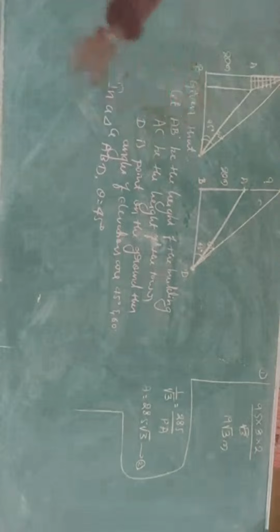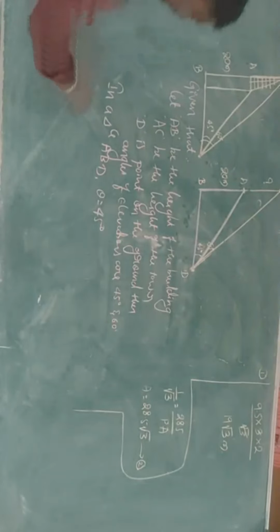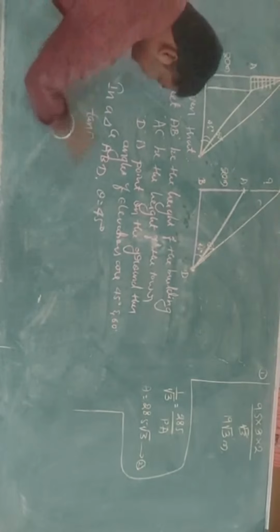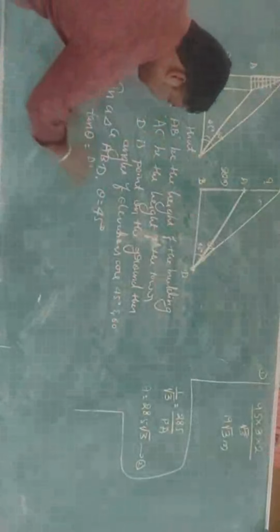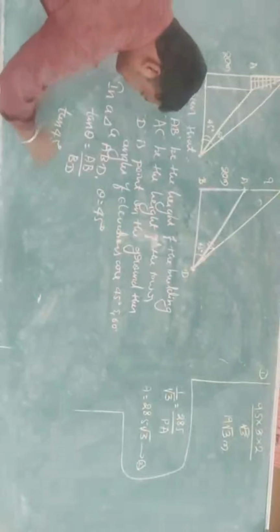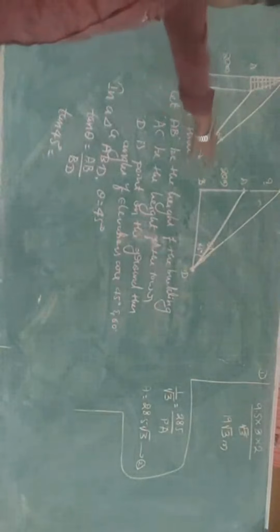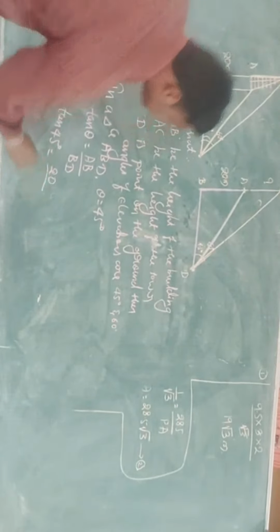So in both the cases, which function do I want to take? Tan function. So tan theta is equal to opposite upon adjacent. So that is AB upon BD. So tan 45 degrees is equal to AB, which is given as 20 meter, divided by BD.